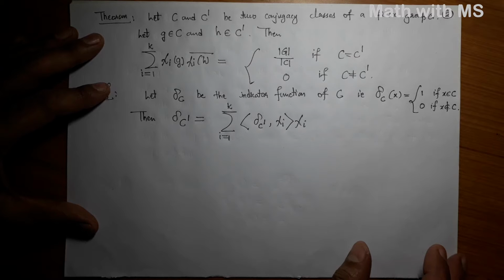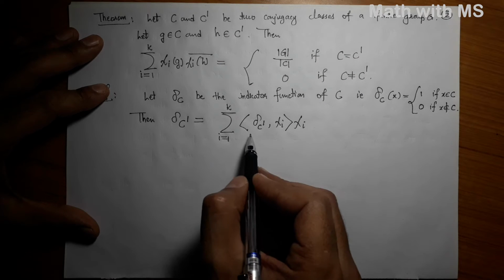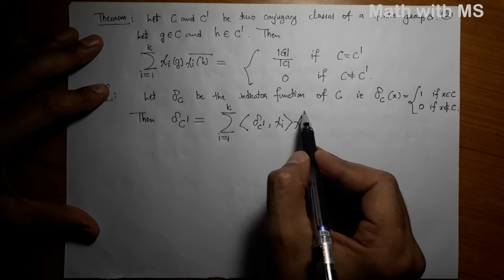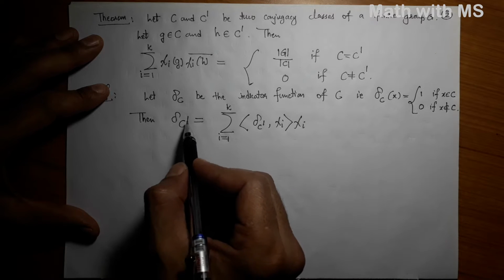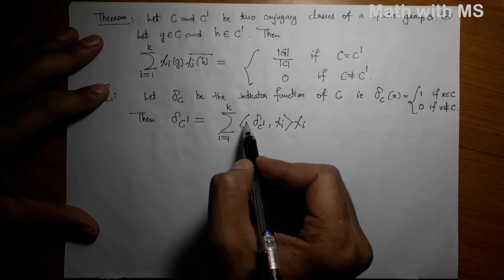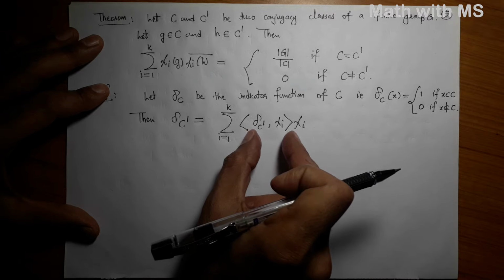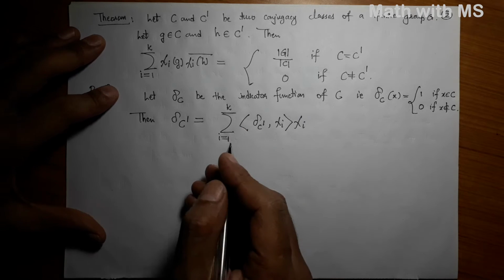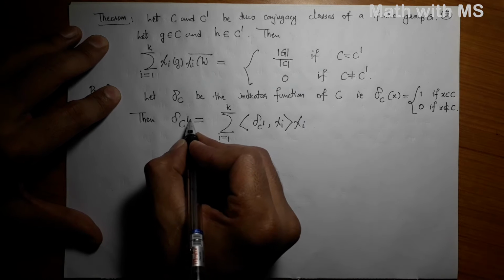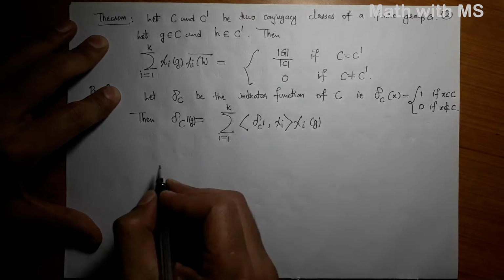This you can do in any inner product space which has an orthonormal basis, because delta of C prime will be some scalar linear combination of this orthonormal basis chi i's, and then if you take the inner product of delta C prime with chi i, the same coefficient alpha i survives. So therefore I know that the coefficients are the inner product of delta C prime with chi i. Alright. So if I want to evaluate it on a group element, this should be the same as this.